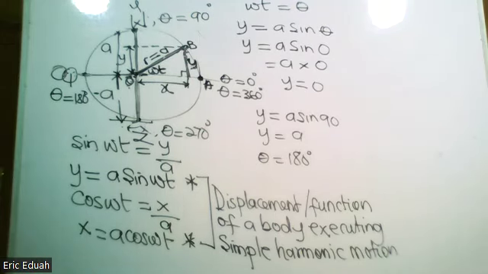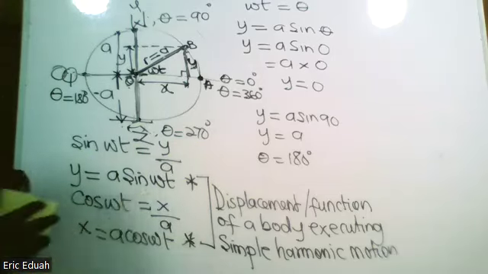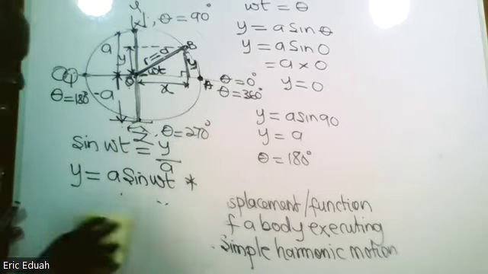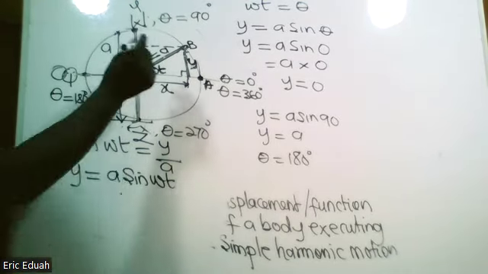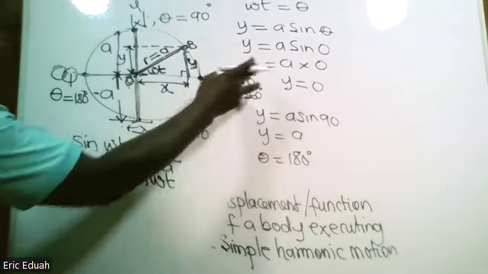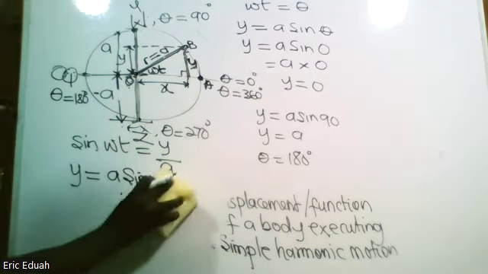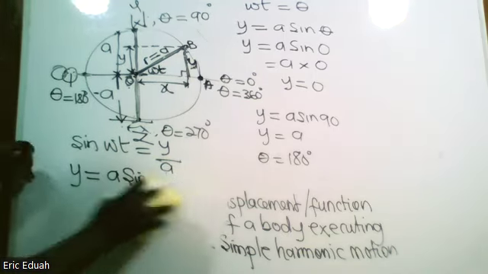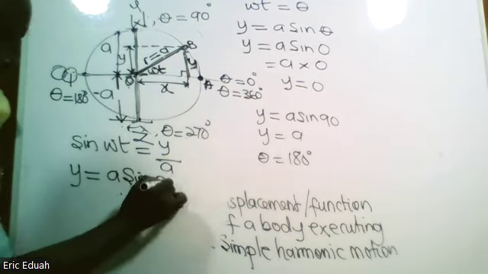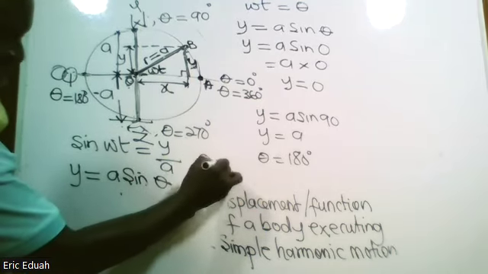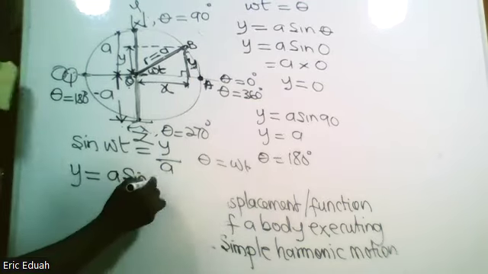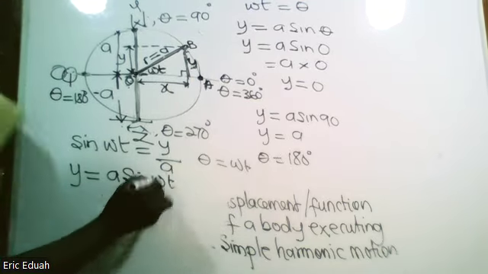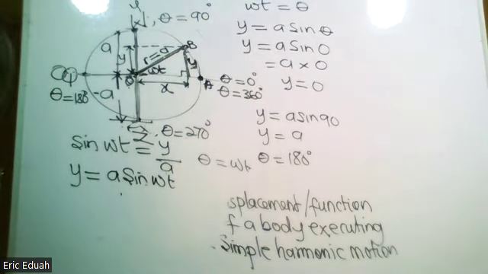Now we can also describe the same thing using this. This time, don't forget, we change. We were discussing displacement with angles, theta. But because theta is equal to omega t, we can also describe the displacement of the body in terms of time t.